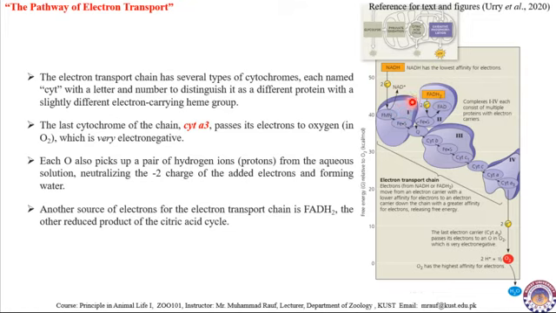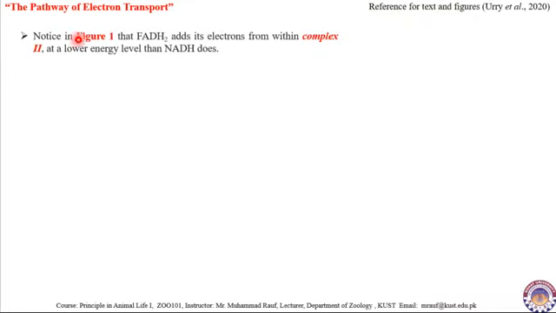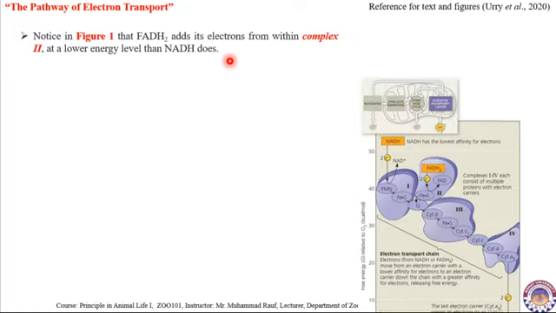Means when it participates in the electron transport chain, lesser ATPs are produced as compared to NADH. Notice in figure 1 that FADH2 adds its electrons from within complex 2 at a lower energy level than NADH does.